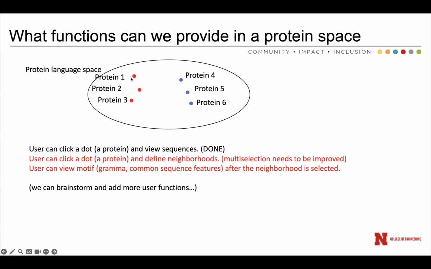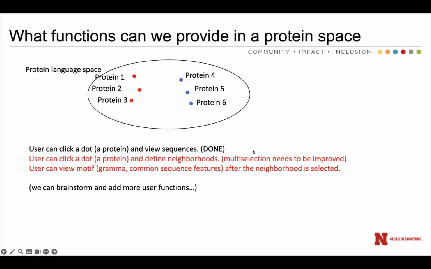The user can click one protein and get the information of that specific protein. That's already done in our system. But we want to support more functionalities. For example, given this space, if the user clicks one dot, it can show up the relevant neighborhood.